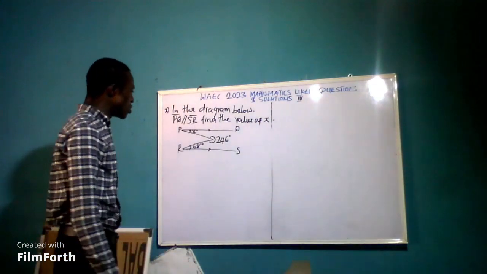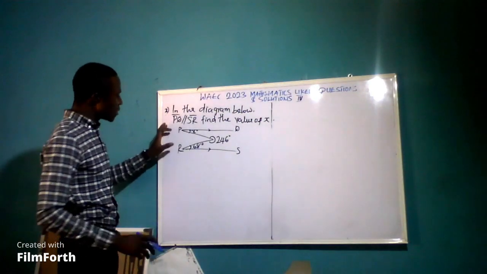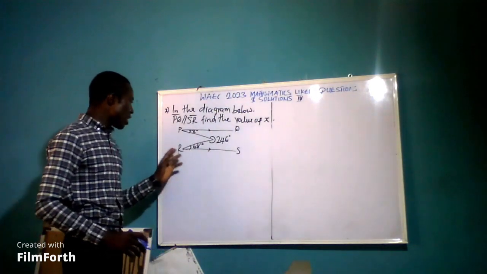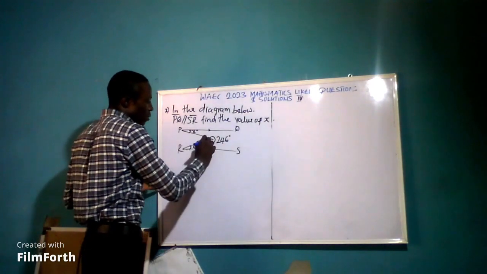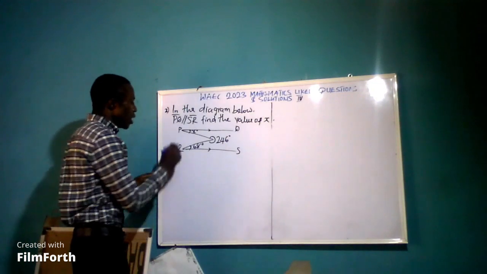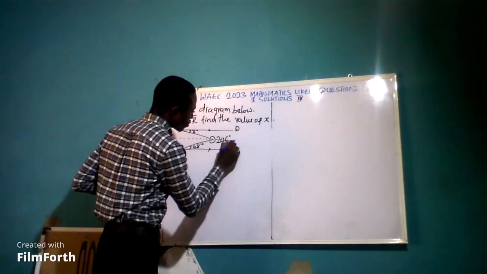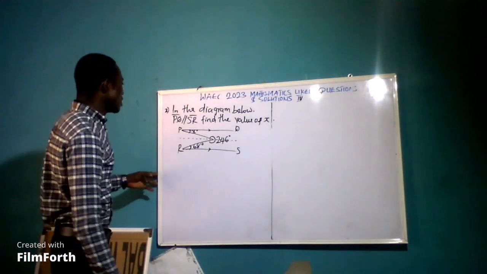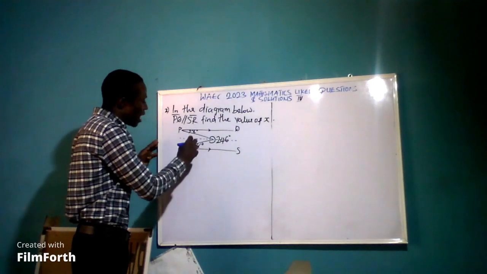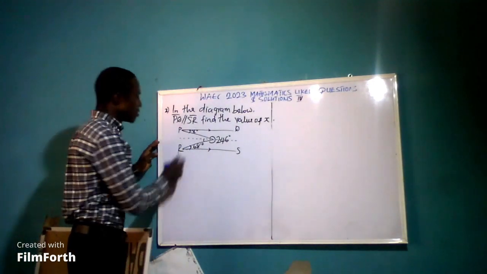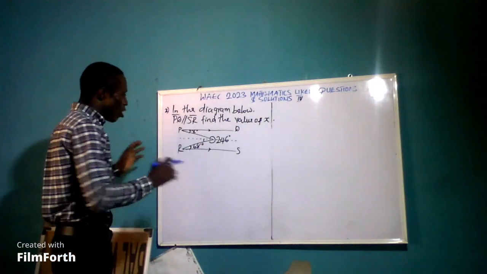In order to do this, what we do is let's draw a straight line that is parallel to both line PQ and line RS, which goes through this joint. Let it be a dotted line. If you do that, this line is forming an alternate angle with this angle 68, so that you know alternate angles are equal.